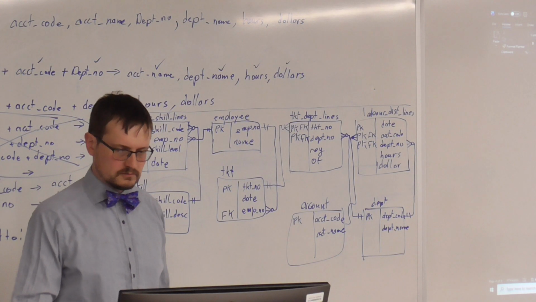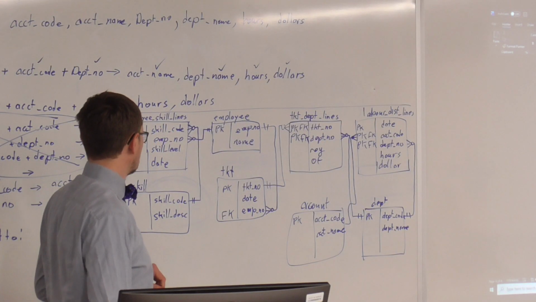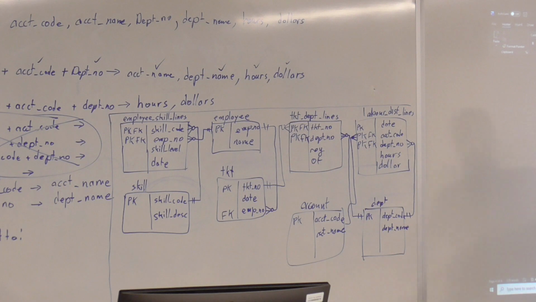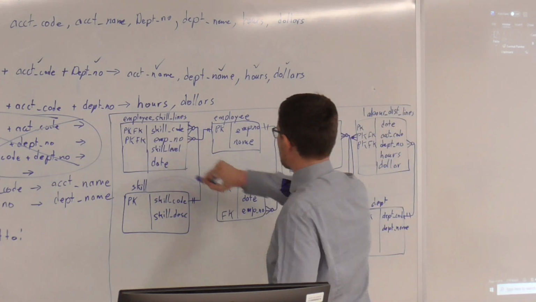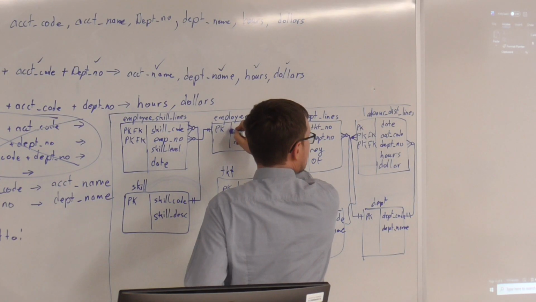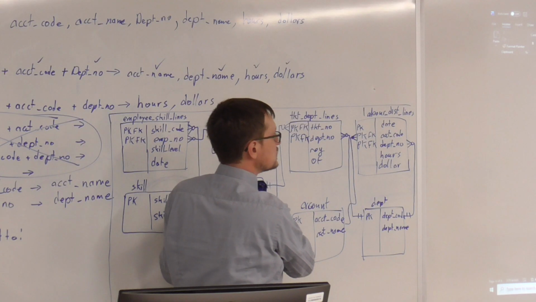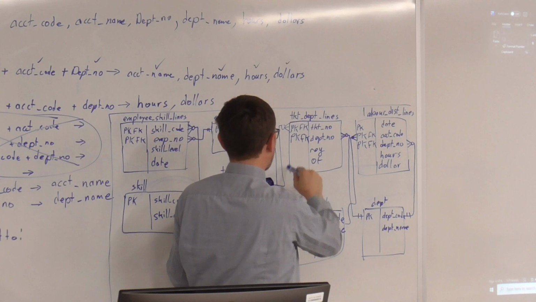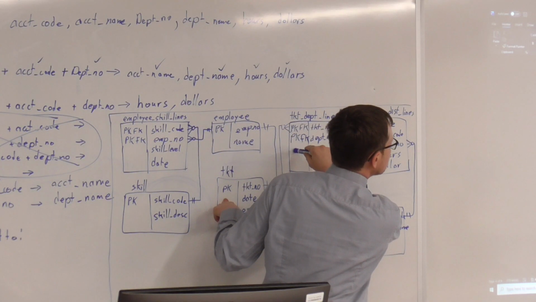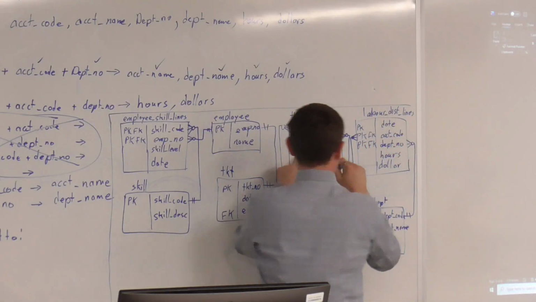See, this is much better laid out. So, skill goes to employee skill. Employee skill goes to employee. Employee goes to ticket. Ticket goes to, I called it ticket department lines, this is called ticket detail, weird name.